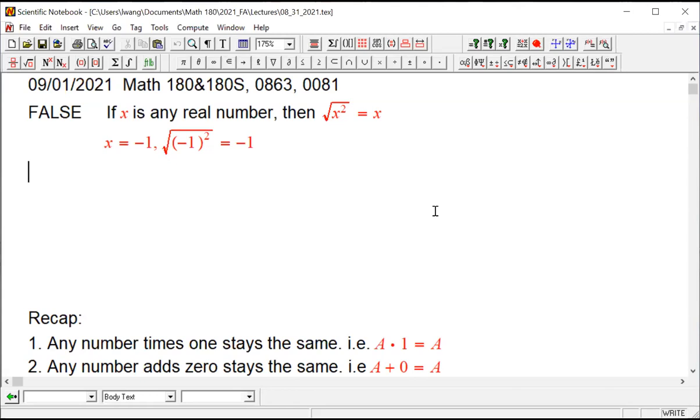So my proposal is same time tomorrow, 8 to 9:40, our class time.